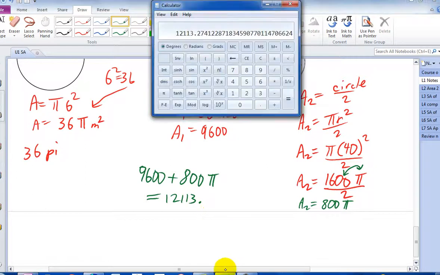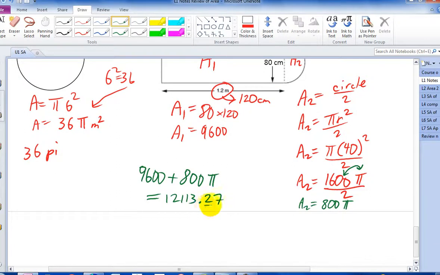And what should we round it to? 1 decimal? We round to the nearest tenth. That's 1 decimal place. So 12,113.3 centimeters squared.